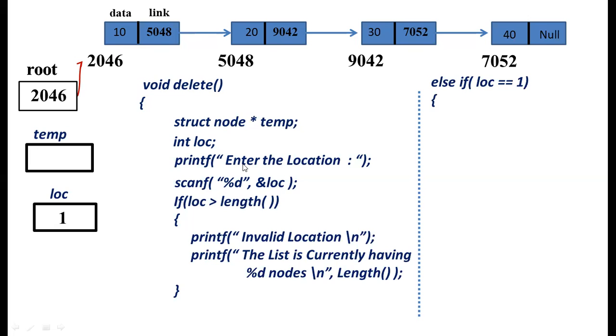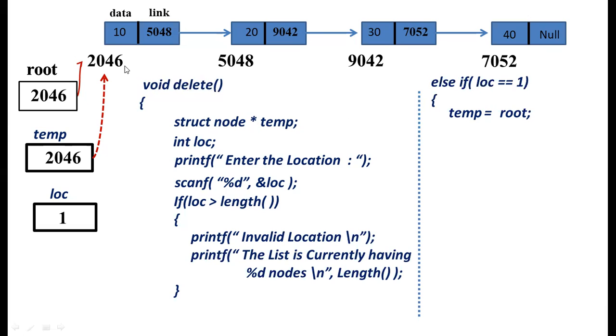Into the temporary variable, we need to assign the root value. The root is now pointing to the first node. After writing this statement, the root value is 2046, so the 2046 value will be placed into temp, and temp will be pointing to the first node.